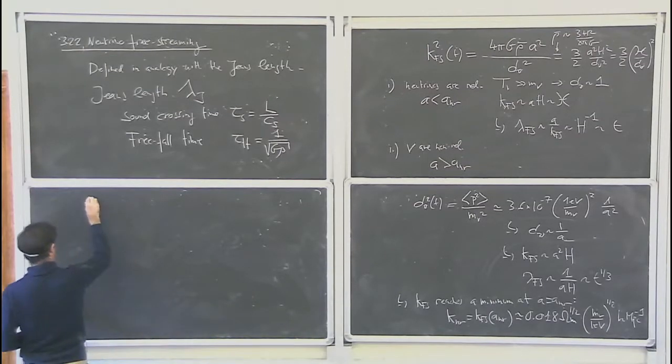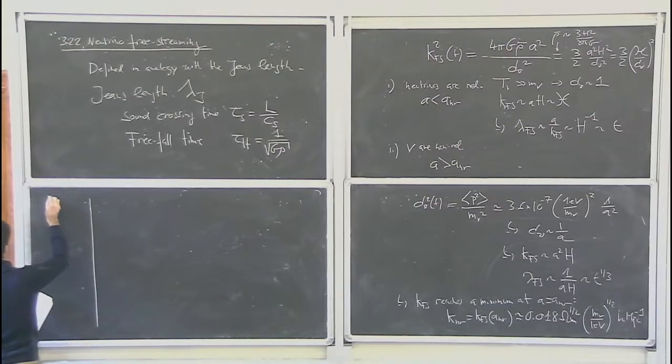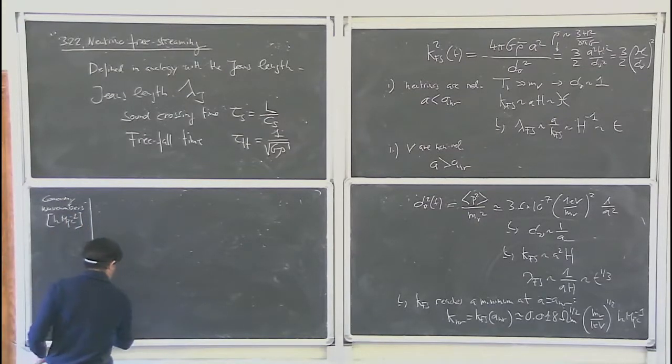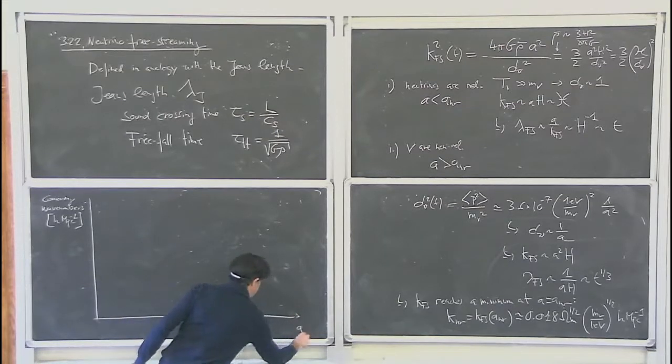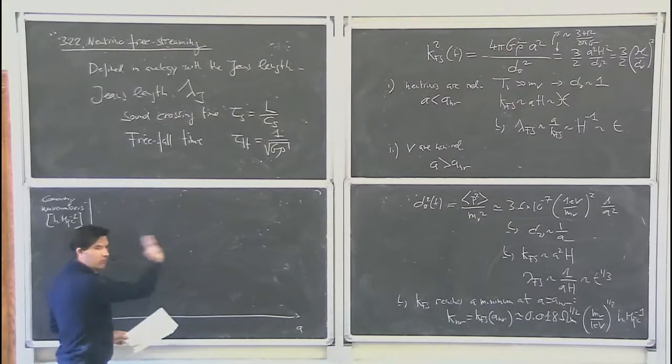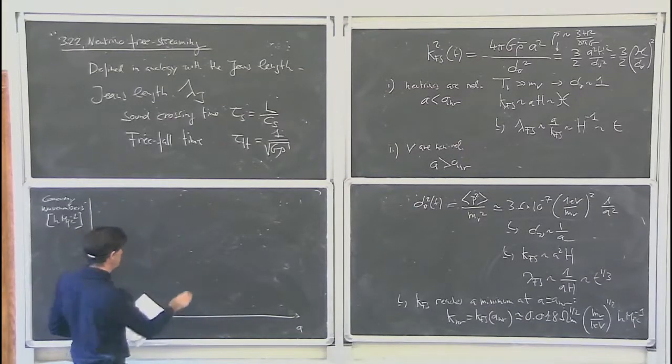I want to show co-moving wave numbers in units of h inverse megaparsec, and here I will put the scale factor, all in matter domination.